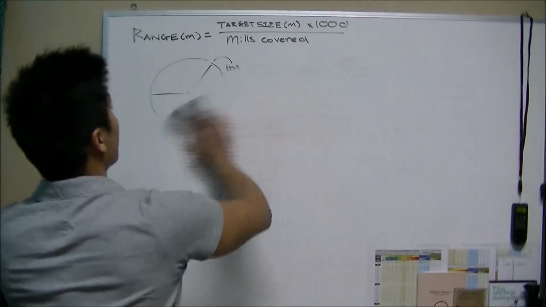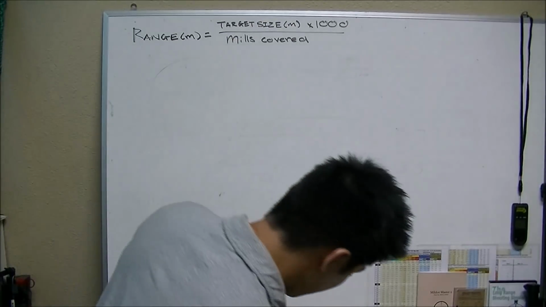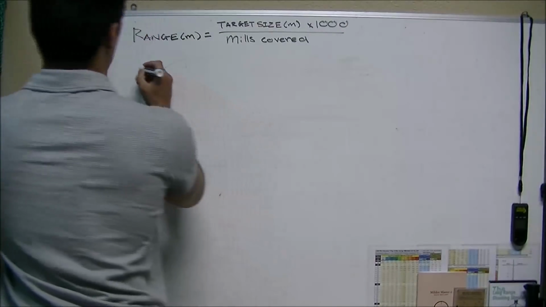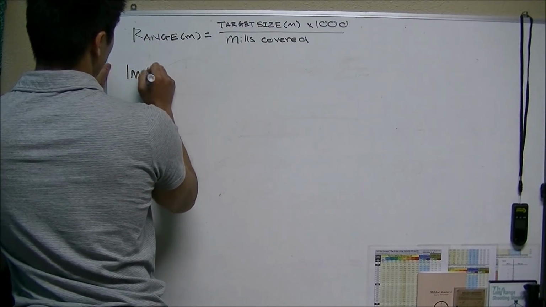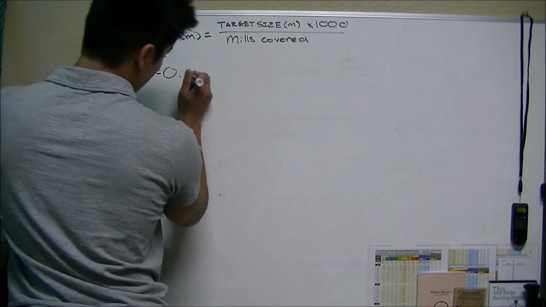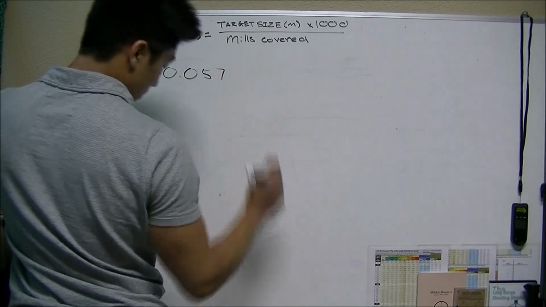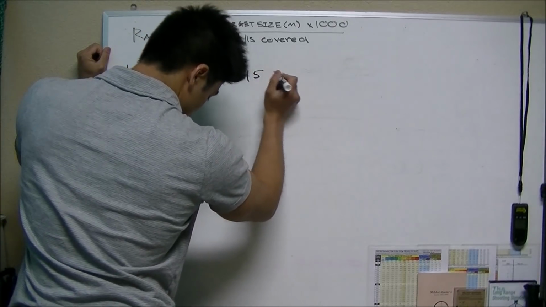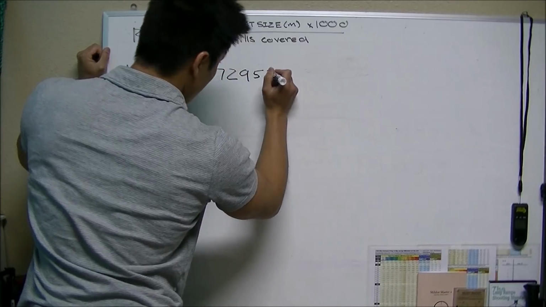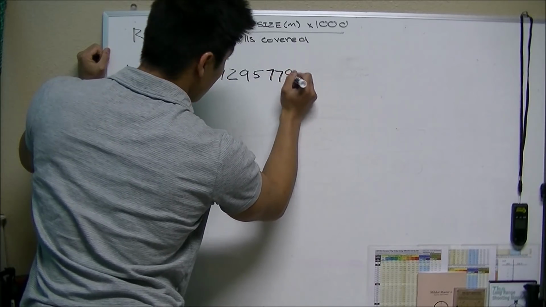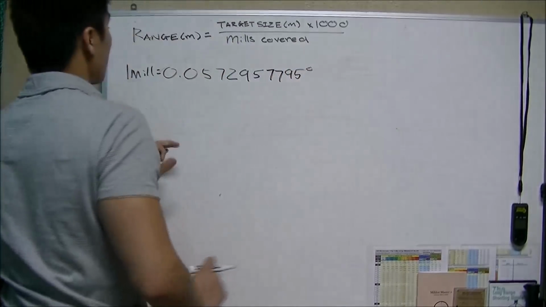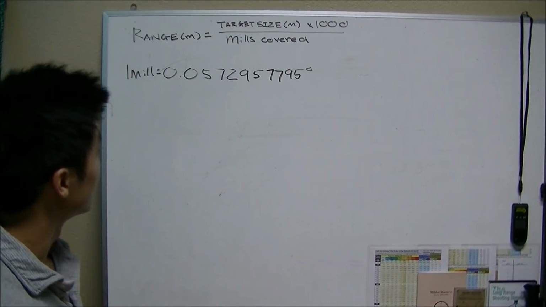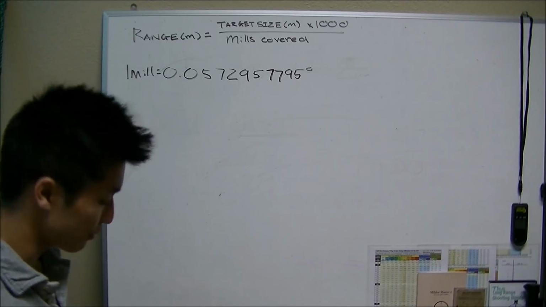Alright, so we already got that, right? So 1 mil could also be represented as 0.05729577795 degrees approximately.